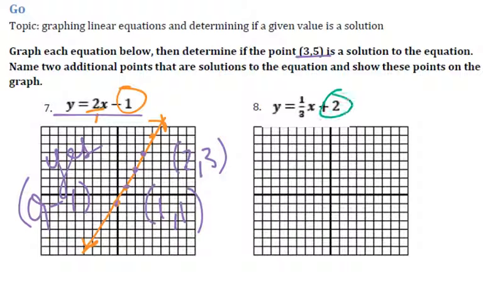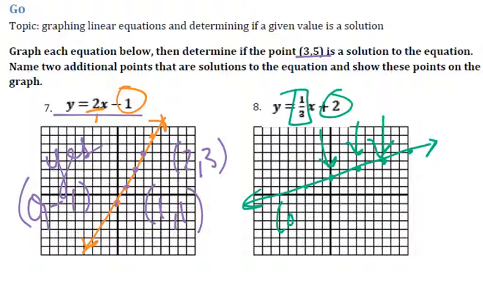Alright, number 8. Positive 2 for our y-intercept, plus 2, slope of 1 over 3. It's positive, up 1 to the right 3, up 1 to the right 3, up 1 to the right 3. Or down and to the left 3. That works as well. So all those points there, you just pick one. Those are all solutions.